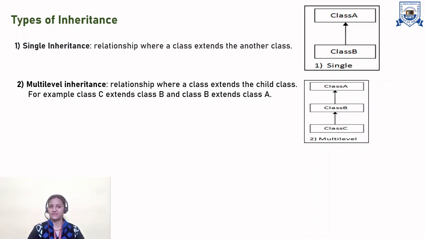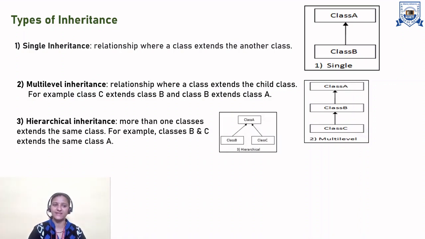Multi-level inheritance is a relationship where a class extends the child class. In this example, class C is extending class B, whereas B is extending class A. For class C, B is a parent, but B itself is a child of class A. So this is called multi-level inheritance.